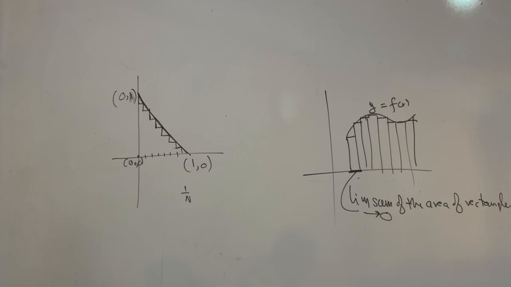If one takes limits as n goes to infinity, the staircase clearly approaches the hypotenuse. When n tends to infinity, the staircase goes to actually the hypotenuse. So if one takes the limit as n goes to infinity, the staircase clearly approaches the hypotenuse, and so in the limit we should get the length of the hypotenuse.